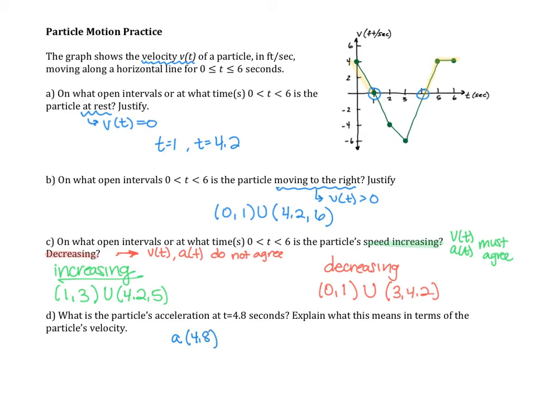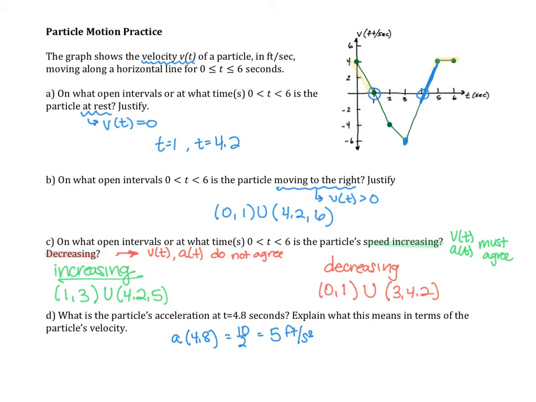The slope at 4.8 is somewhere right in here, and this slope happens to be a straight line, and it starts at 3 and goes up 10 over 2. So this slope would be up 10 over 2. And so the acceleration would be 5 feet per second squared.